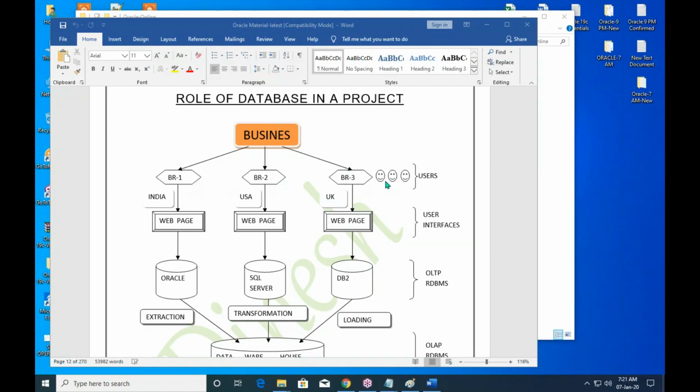Assume 3 branches. Under each branch, we have users. Users means employees, customers, visitors, and higher level management. All these people are known as users.